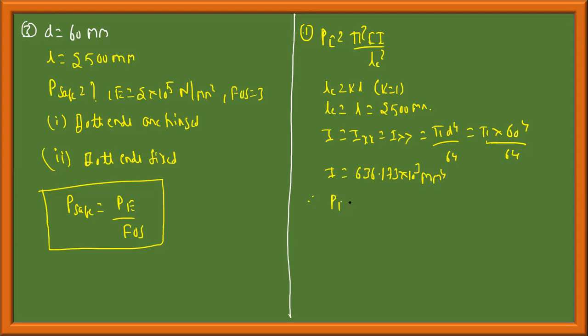Buckling load PE is equal to pi square, Young's modulus 2 into 10 power 5 Newton per mm square, into I, 636.173 into 10 power 3, pi square EI by LE square. Length is 2500, the whole square. Can you tell me the crippling load?